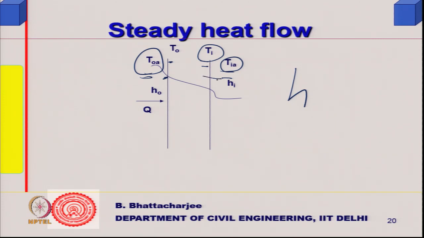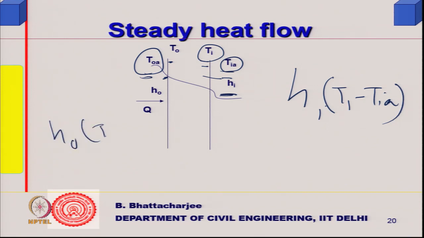So this heat transfer can be written as HI into (TI minus TIA). Similarly here it will be HO into (TOA minus TO), the air temperature minus the surface temperature, where TO is the outside surface temperature of the wall and TI is the inside surface.